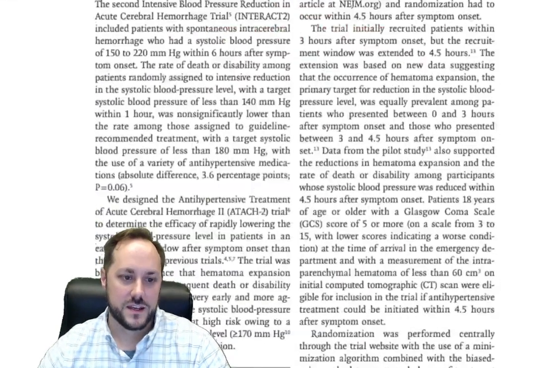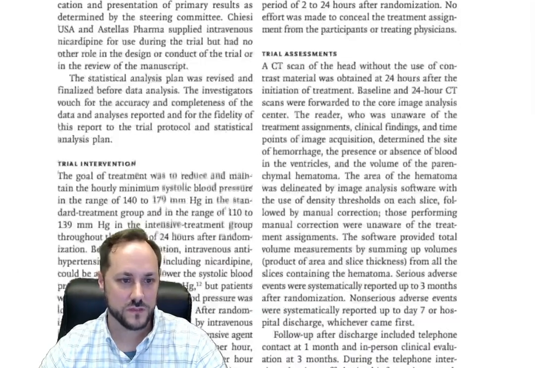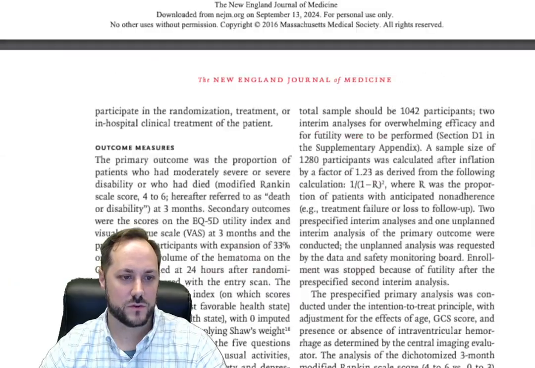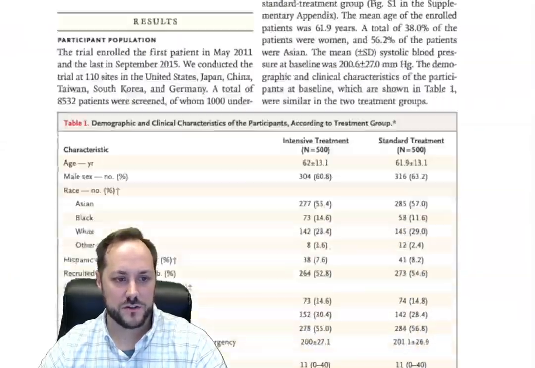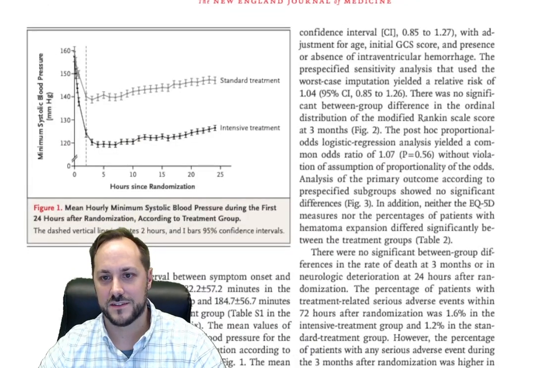And then within hours, they were starting people on blood pressure medicine. So it's pretty close to real world. You might look at the blood pressure lowering graph and think that this is maybe a little bit better than reality.